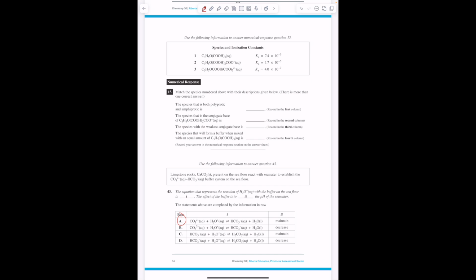Here's my acid, right? So the acid will react with the base. So H3O positive will react with CO3 negative and maintain. Answer is A. Okay, that's A, and this was 3, 3, 1, 2. This could have been a 2.